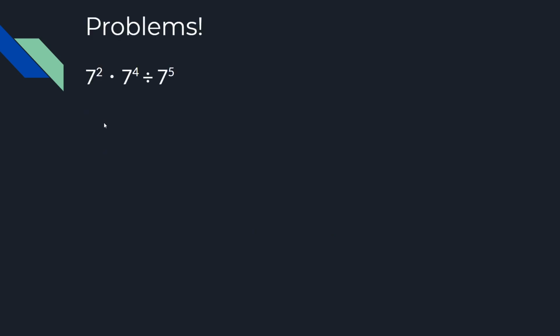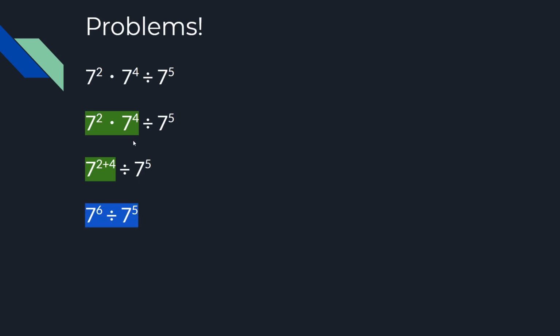All right, here's some quick practice. We have 7 squared times 7 to the 4th divided by 7 to the 5th. Let's start with 7 squared times 7 to the 4th. We can use the product rule and add up the exponents, and we get 7 to the power of 2 plus 4, which is just 7 to the 6th.